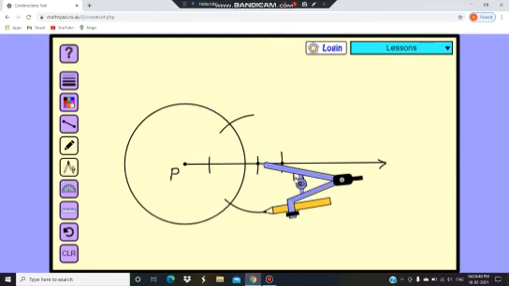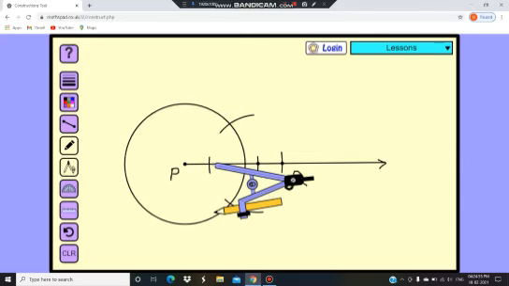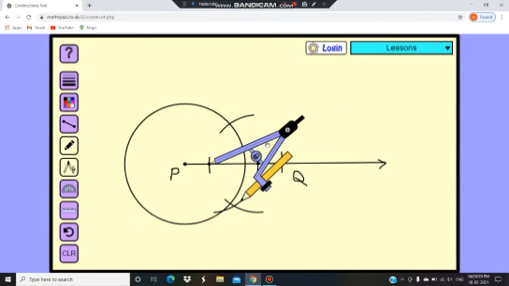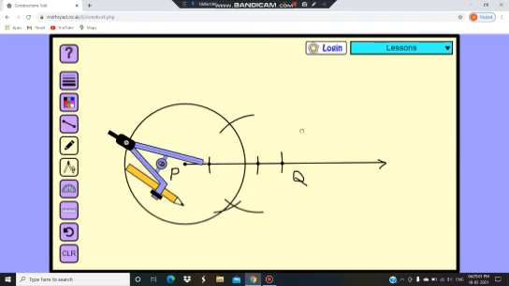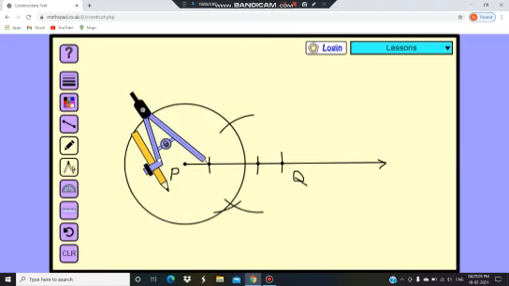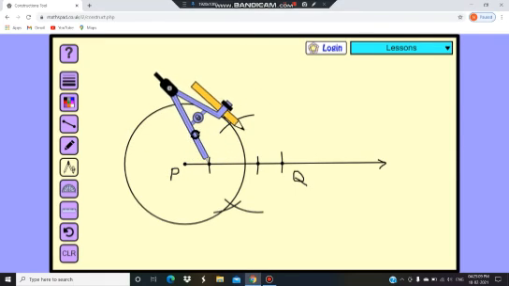Okay, now we will keep the pointer on this other intersecting arc, and with the same distance in downward and upward directions we are going to draw the arcs. So here also we have to draw the arcs.